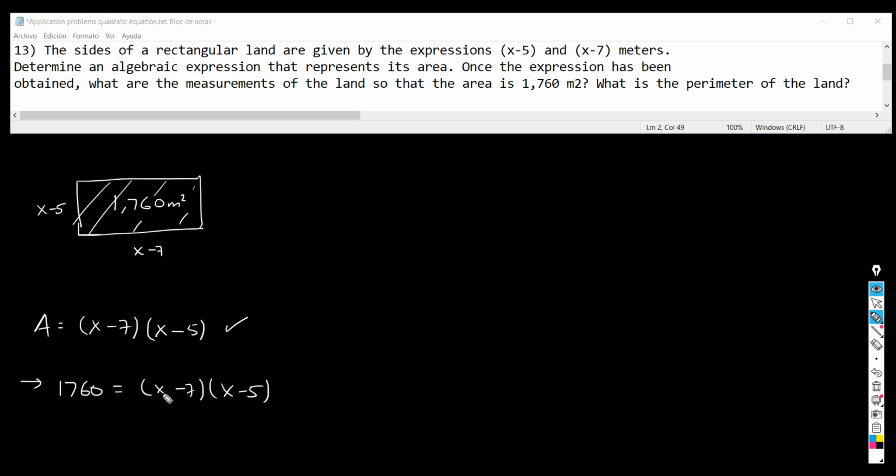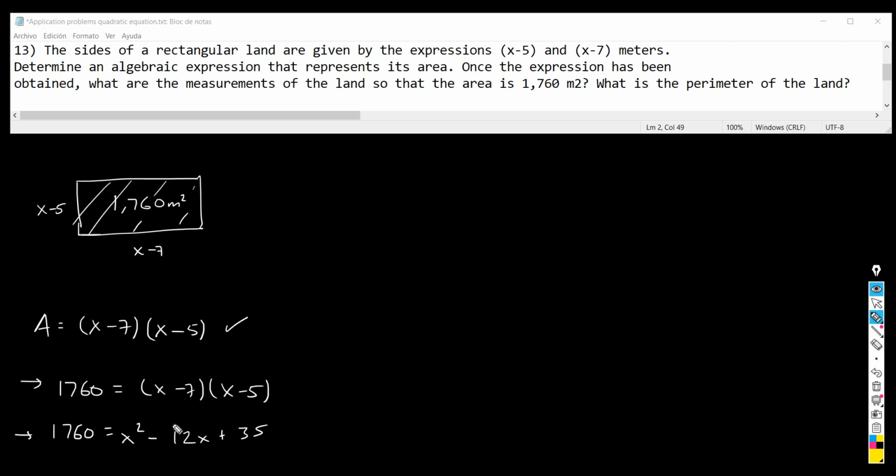What is this? This is a quadratic equation. How do I know? Even though it doesn't have any square right now, if we multiply these two binomials, what am I gonna get? X squared minus 12x plus 35.